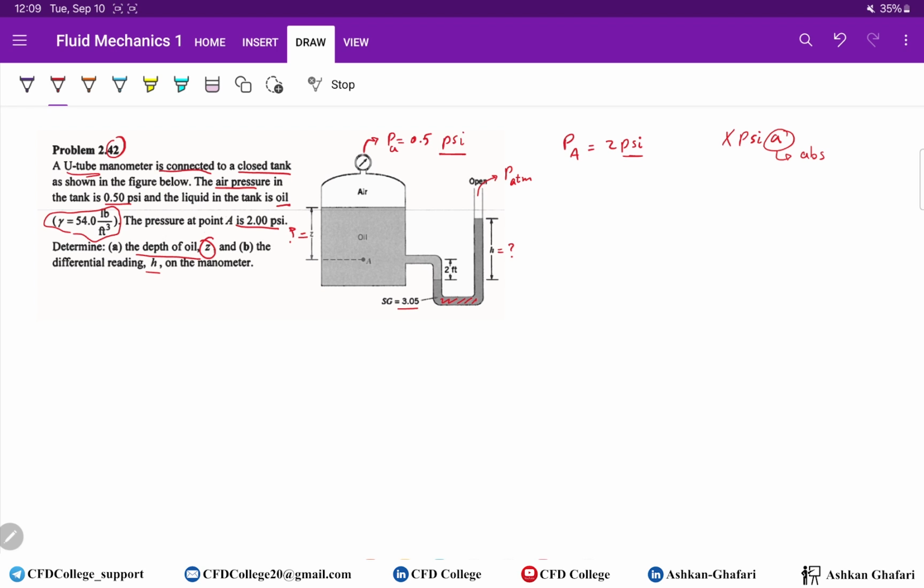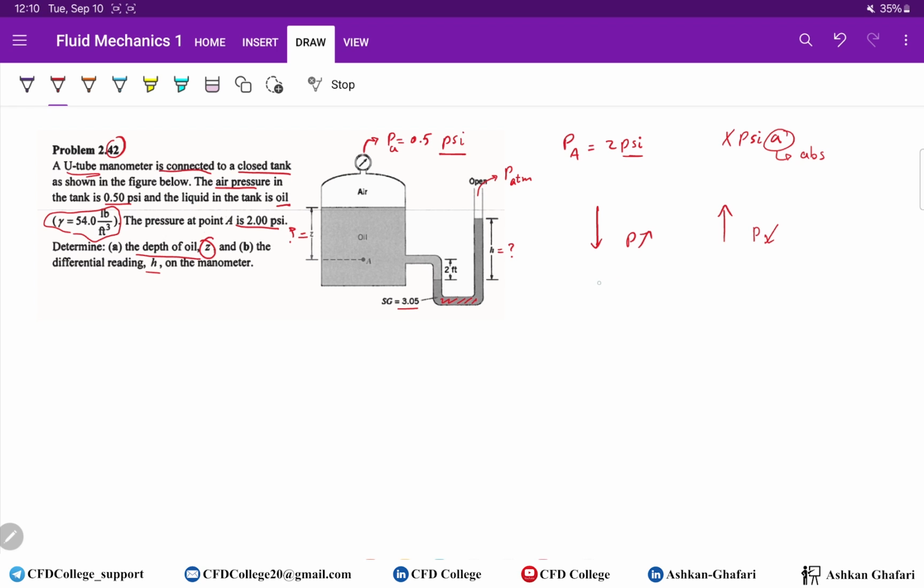As you know, here we don't have any flow, and we don't have any moving object, so everything is stationary. In these situations, we should know that we have hydrostatic pressure, which means that if we move downward, pressure increases, while if we move upward, pressure decreases.